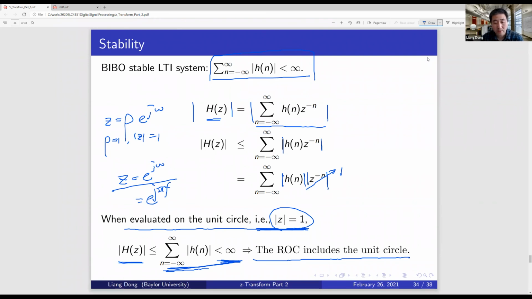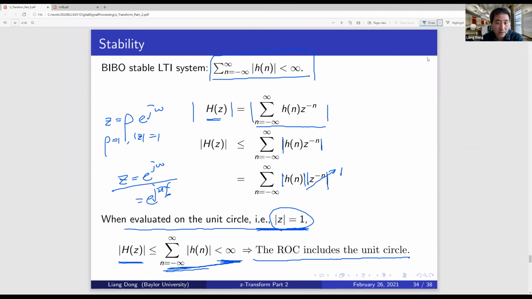You are always evaluated on the unit circle, whether the system is causal or non-causal. In general, if I check on the unit circle, it should always be convergent if I have a stable system. If you check on the unit circle, you're checking on all these frequencies.